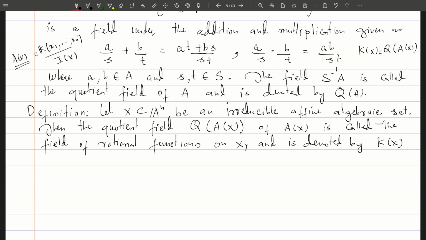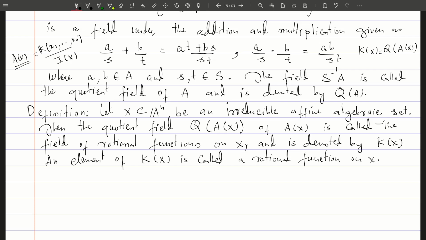An element of K of X is called a rational function on X.